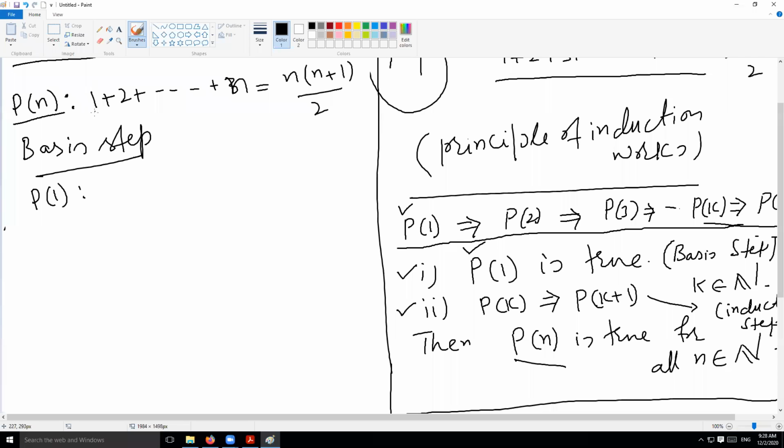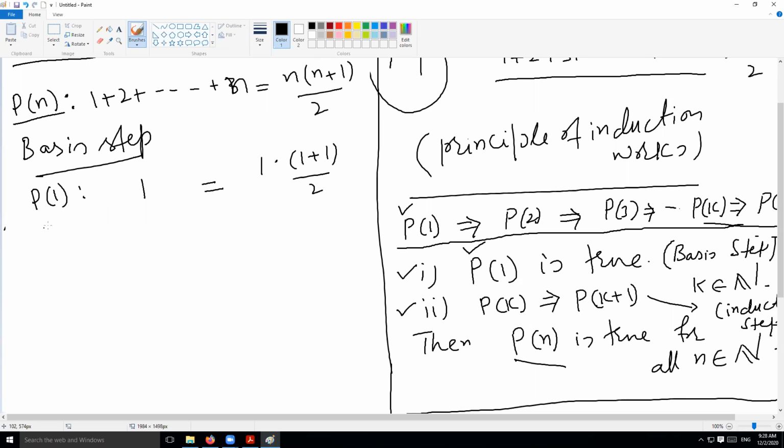The first natural number is 1, so on this side I take only 1. On the other side, since n is 1, it is 1 times (1 plus 1) over 2, which becomes 2 over 2, so both sides are equal. The left side is 1 and the right side is also 1.